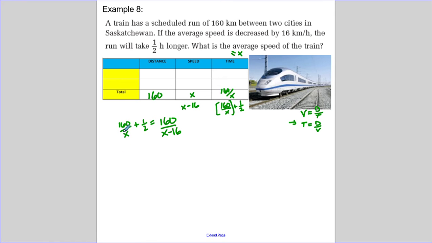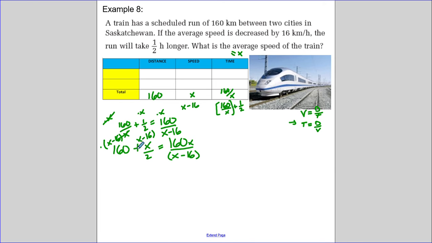So I'm going to start to solve for x from here. We're going to multiply by x on each one. The x's cancel, and I'm left with 160 plus x over 2 is equal to 160x over x minus 16. In my next part, I'm going to do the opposite again. We're going to multiply by x minus 16 on each one.